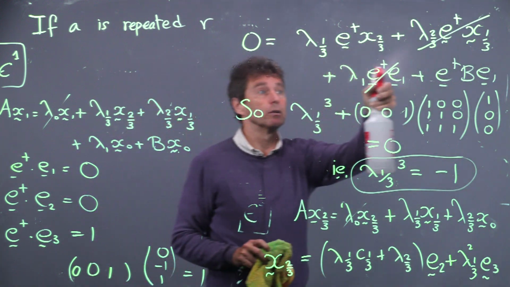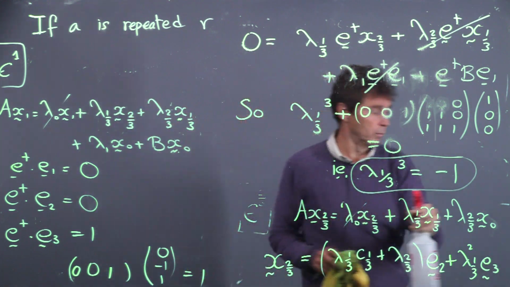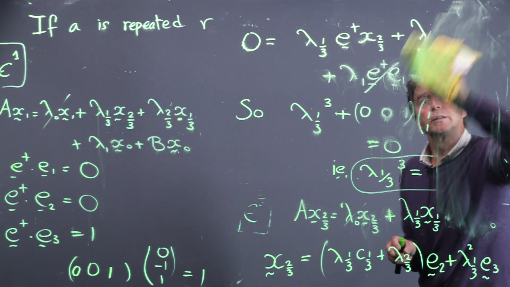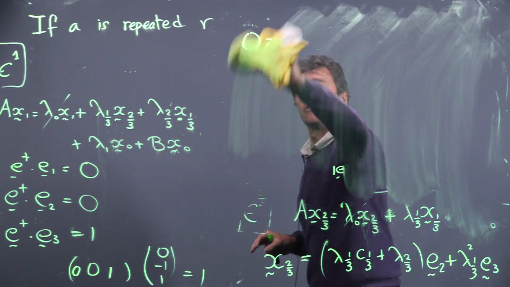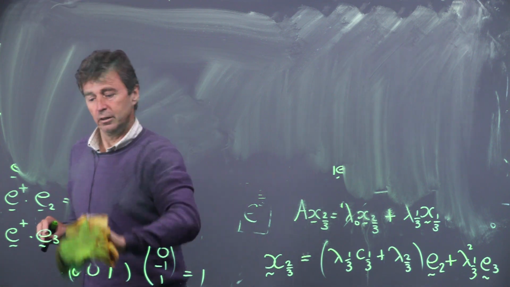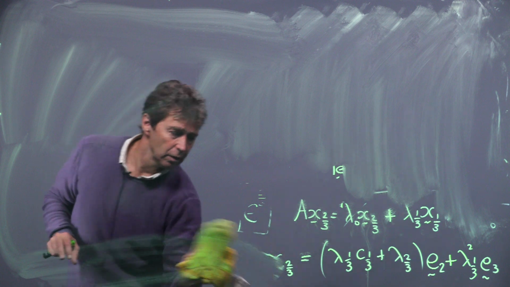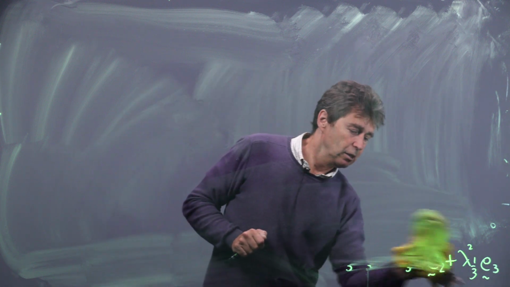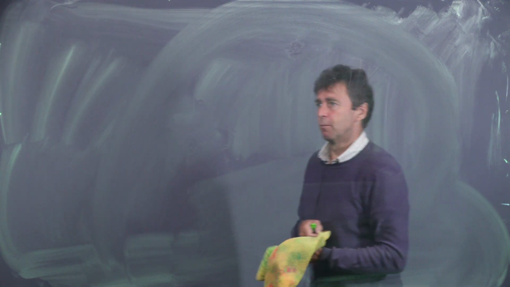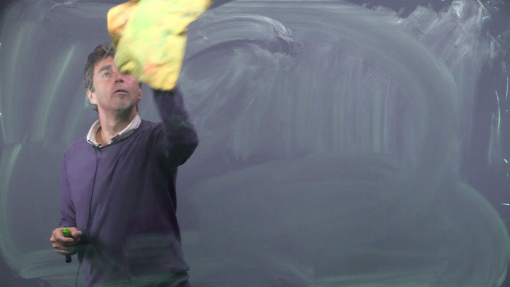So let me just briefly conclude. Just wipe the board. I've given you a recipe now of how to deal with situations where you have repeated eigenvalues and you either have a full complement of eigenvectors or you just have one. Now, if you have a multiplicity that's more than 2, then there are obviously other situations as well.